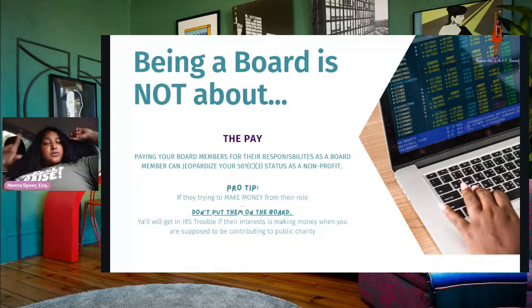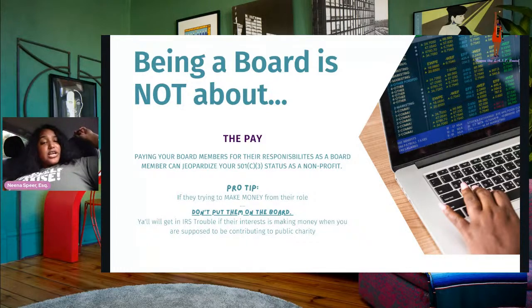Look, if someone says, I want to make some money, I got all these skills and I'm going to bring them to the table, and we can figure out how to leverage and do like a class, no, run, run. Y'all going to get in IRS trouble because they going to be figuring out ways to pay themselves out of this process.